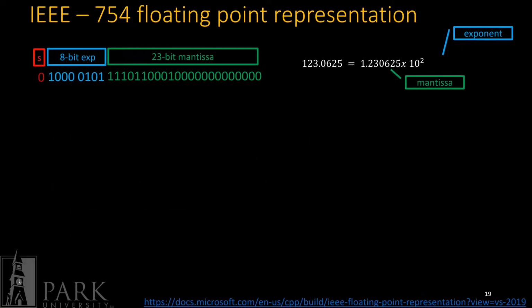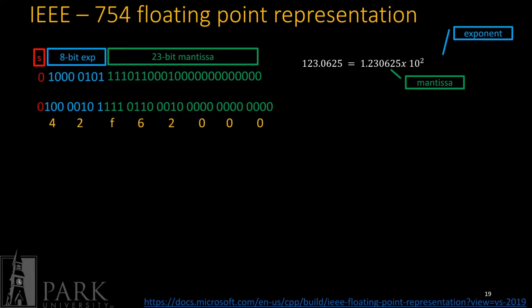Now this gives us the binary format, and if we want to convert it to hexadecimal, we can do so by breaking the number up into 4-bit groups and then converting each of those groups to their hex equivalent. Now this gives us this hexadecimal number. Now of course, as we've seen on my machine, I store my digits in the big endian format.